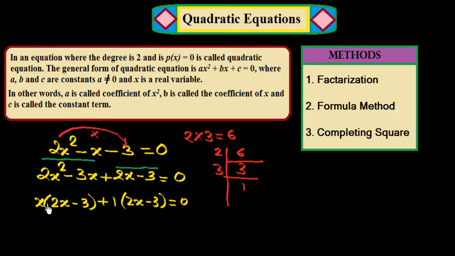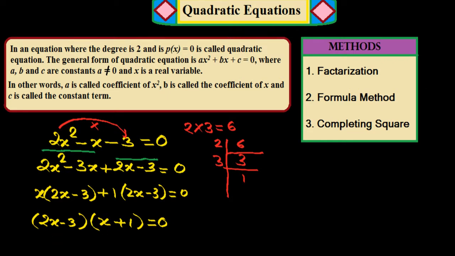Now again we have two terms, and in both the multiple 2x minus 3 is common, so we take it out. 2x minus 3 is outside as common and what remains is x plus 1. So we have got the factors of this quadratic polynomial: 2x minus 3 and x plus 1.